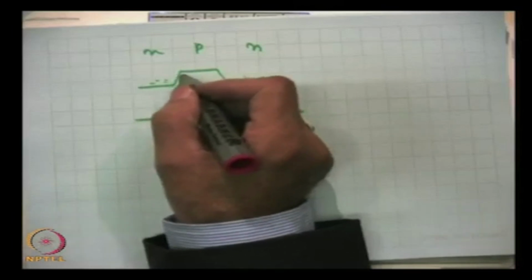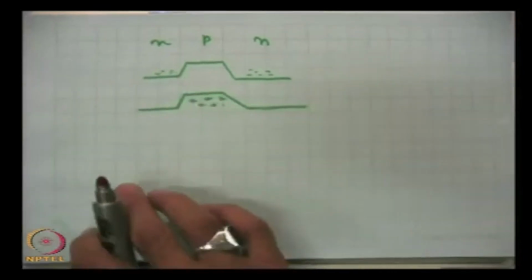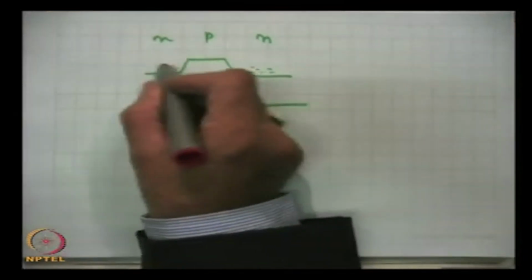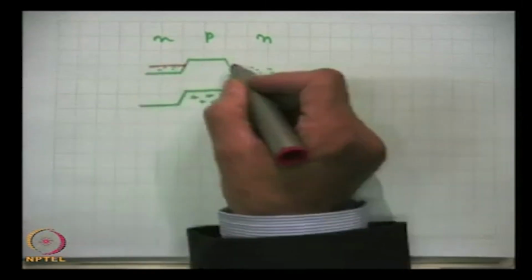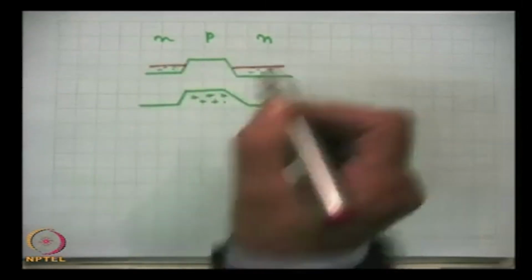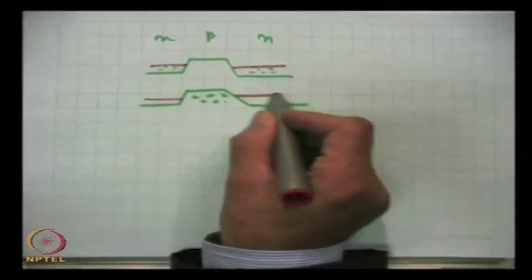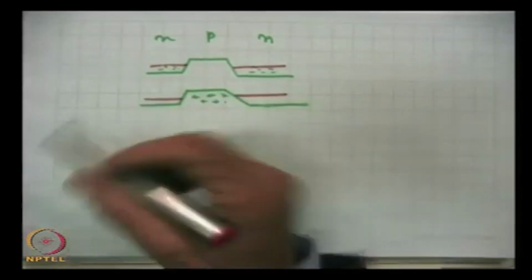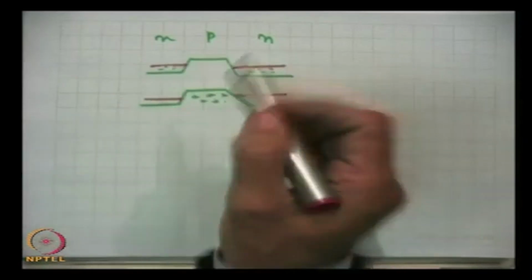This point we discussed in the case of the junction diode, and the potential height will fall. These red ones are the new positions.